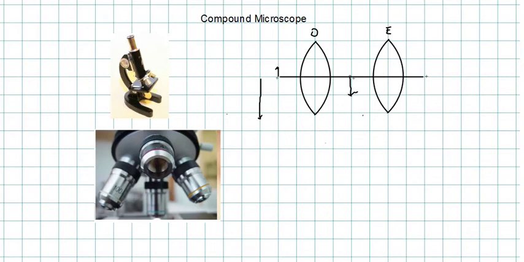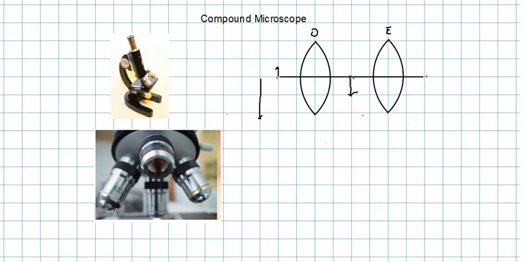Now, the capability of a compound microscope, whether it is a very high end compound microscope or an average one, depends on the focal length of the objective and the magnification of the eyepiece.